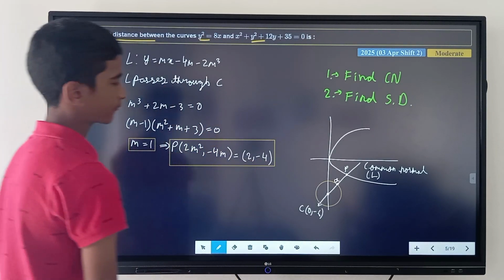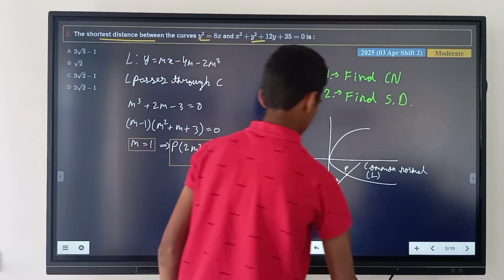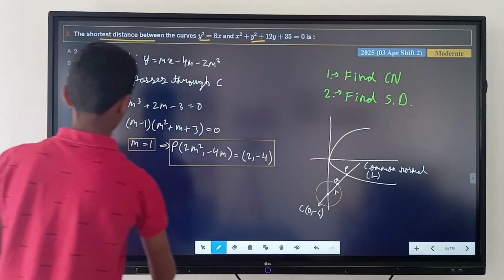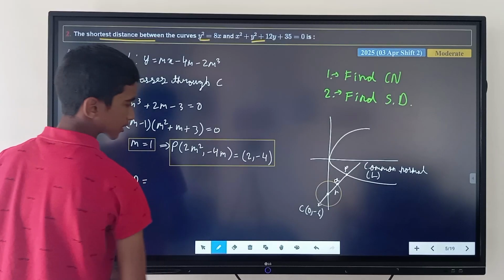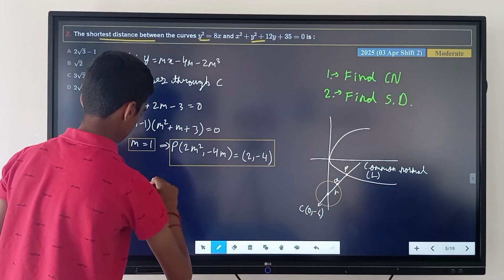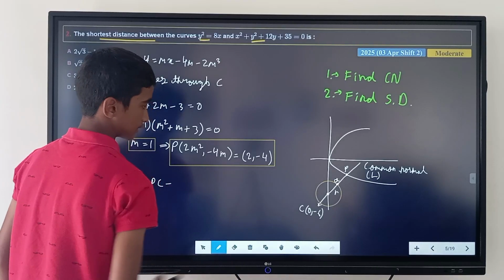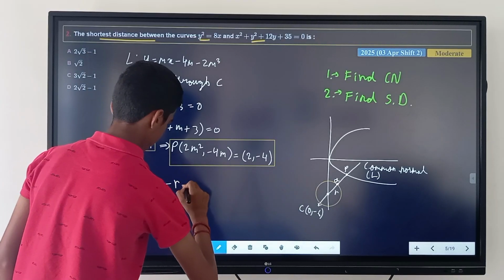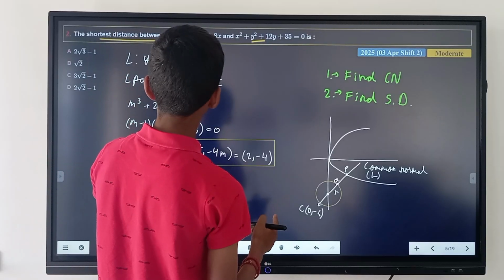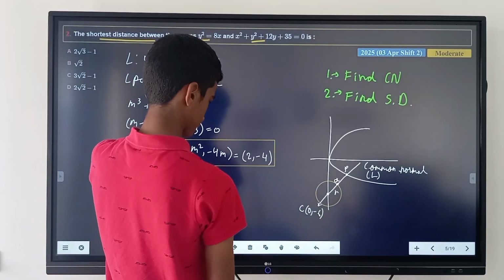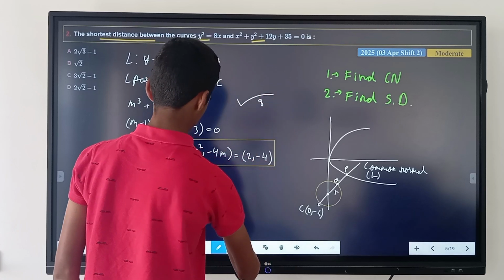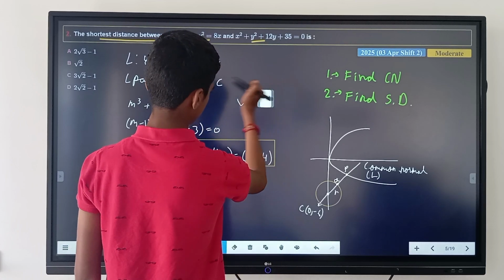Now instead of finding point Q, we can find the shortest distance, because this is the radius. From here, shortest distance is equal to the distance between point P and point C minus the radius. So the distance between point P and point C will be under root of 4 plus 4, 8, which is 2 root 2.